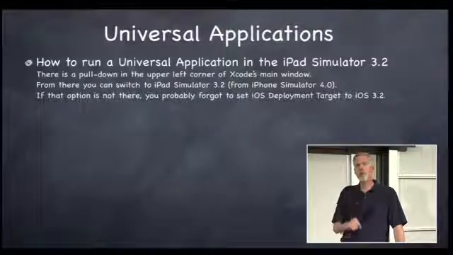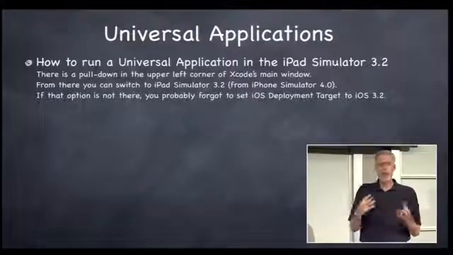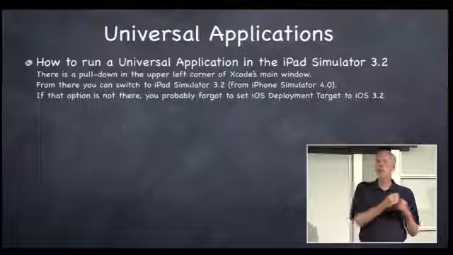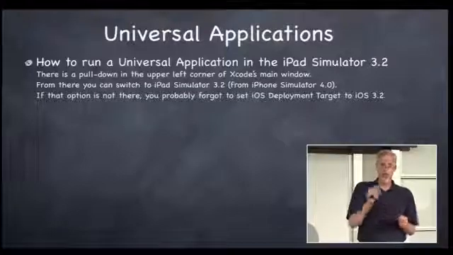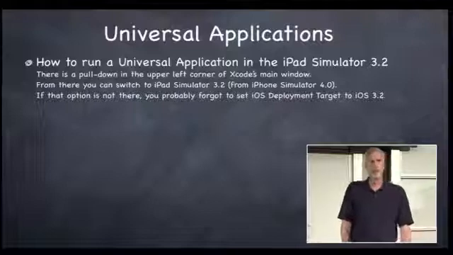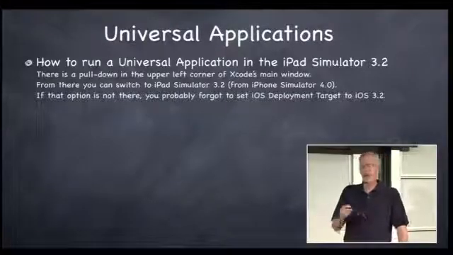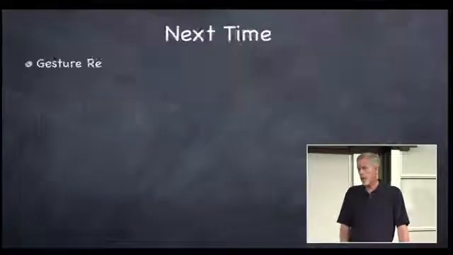And you just switch back and forth. It's smart about knowing that you're always still building with the 4.1 SDK, but when you hit build and run, you're targeting the right simulator. Okay? You can switch back and forth and try it on one, try it on the other, etc. So that's it.